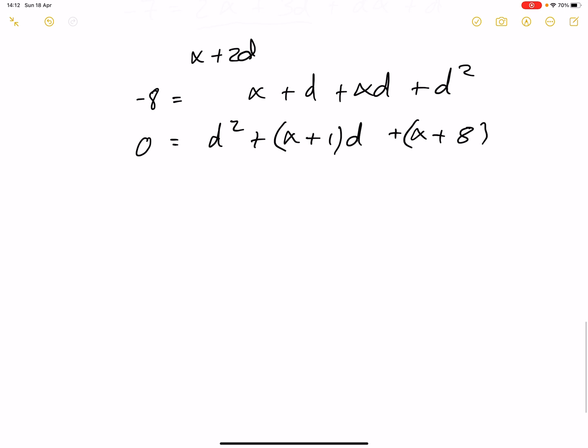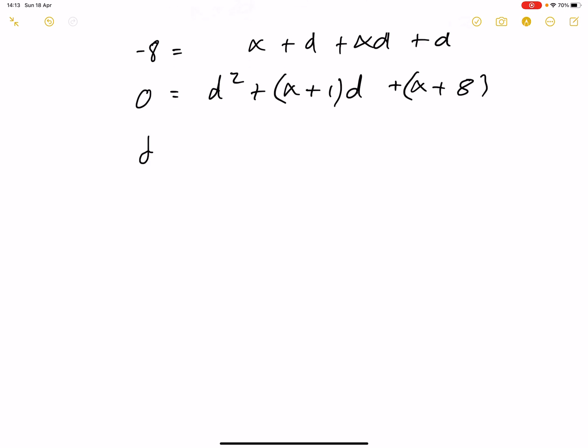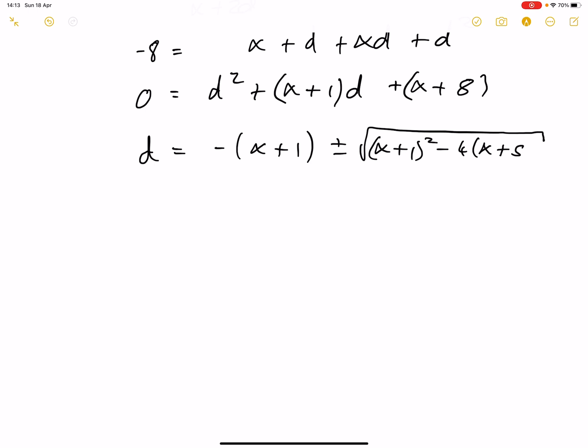So now I've got a quadratic in terms of d and alpha. So I know that d will be equal to negative b, negative alpha plus 1, plus or minus the square root of b squared, alpha plus 1 squared, minus 4 times a, which is 1, times c, which is alpha plus 8. And that will all be over 2a, which is just 2.